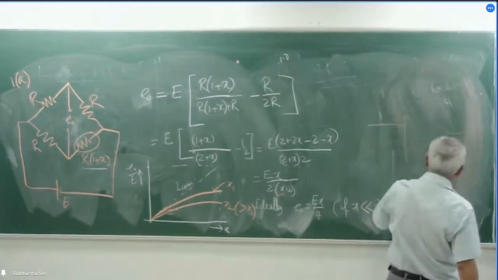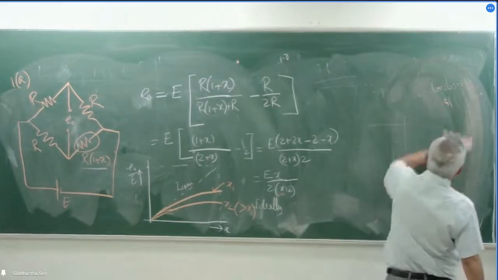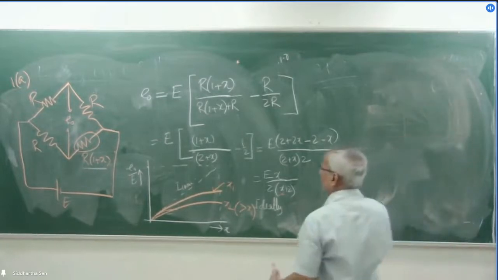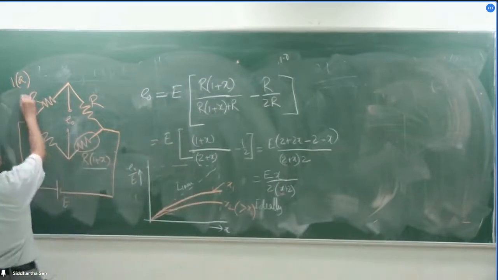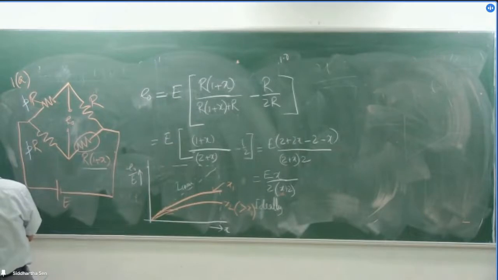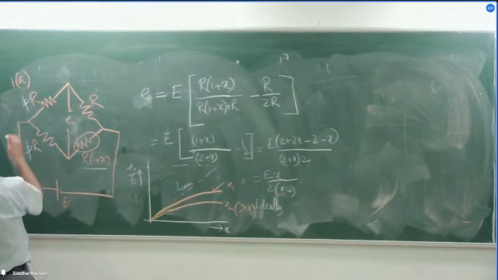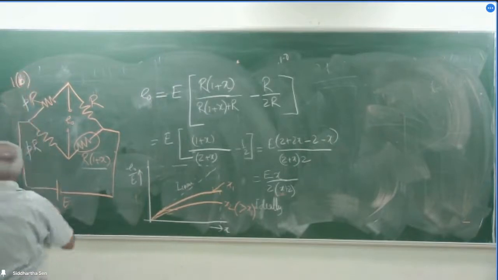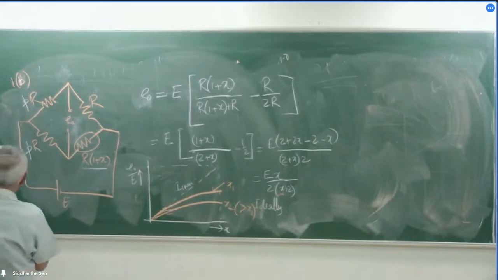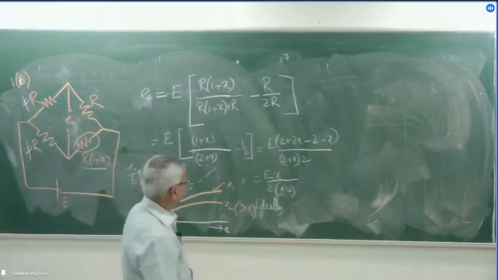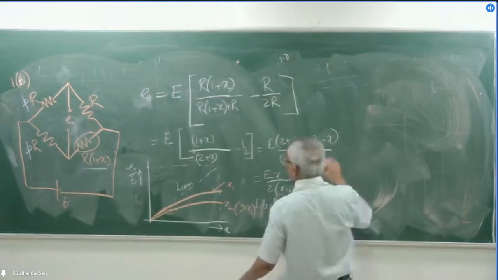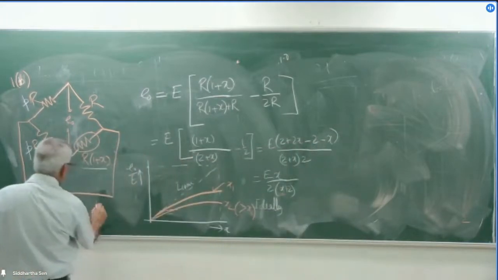So we look for another configuration, the bridge arm ratio, which is problem 1B. Suppose it was a unit ratio bridge, and now the ratio is P, and this P is greater than 1.